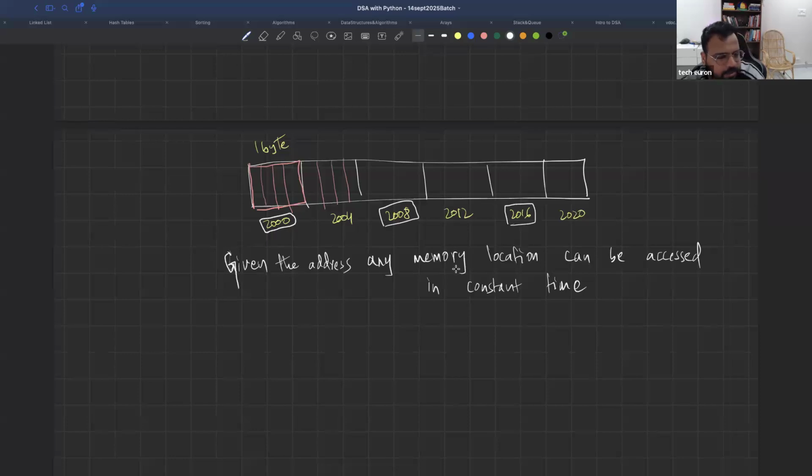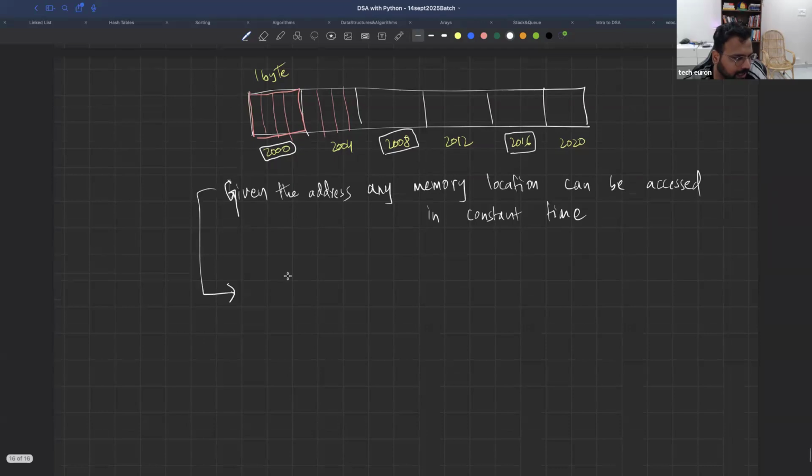Any random memory location can be accessed in constant time. So that's why this memory is also called random access memory. You must have heard it in your school. Or this is also called RAM.